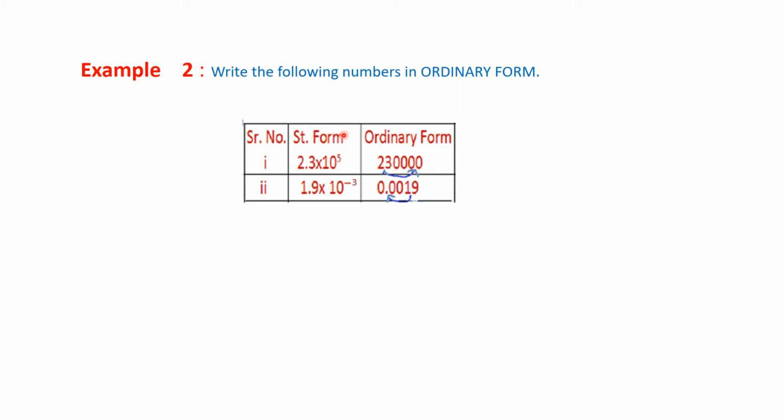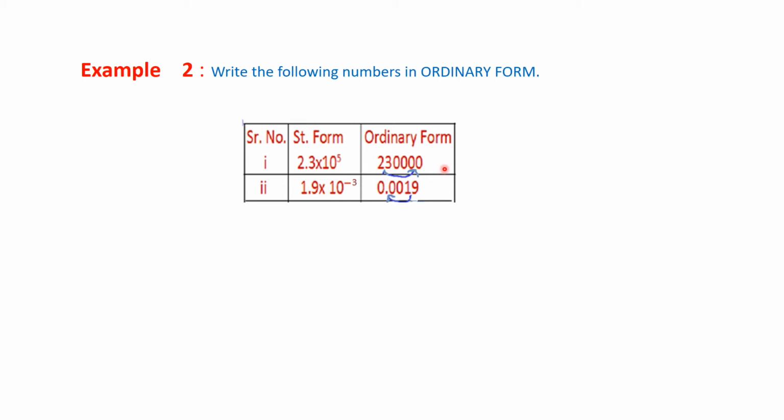As we have discussed in the previous example, we use 10 power 5 when we have moved 5 places towards the left side. So from here we move 5 places towards the right side, here, here and here, as I have shown. From here the decimal moves 1, 2, 3, 4 and 5 places to here.